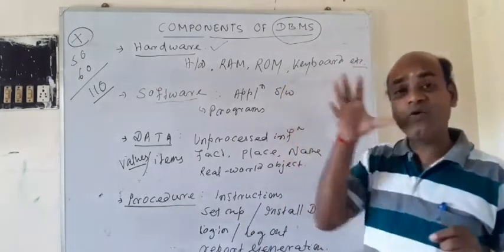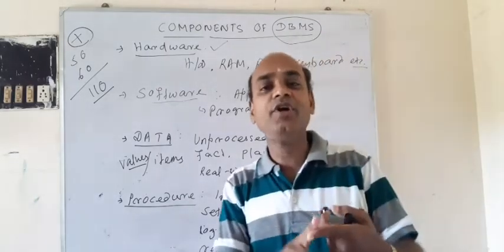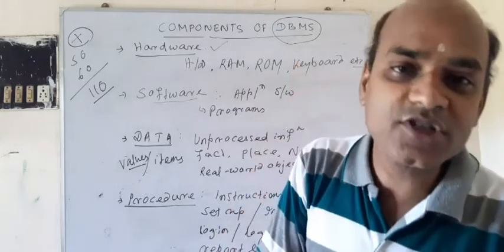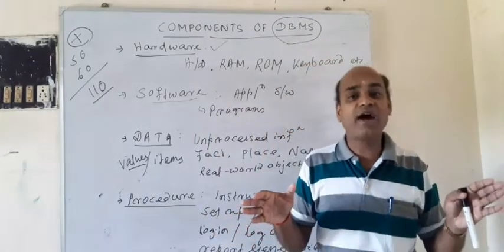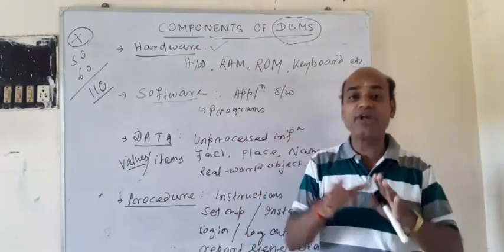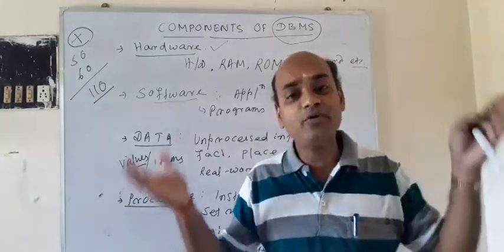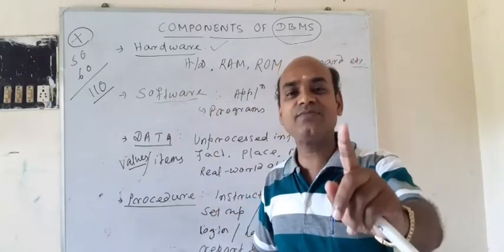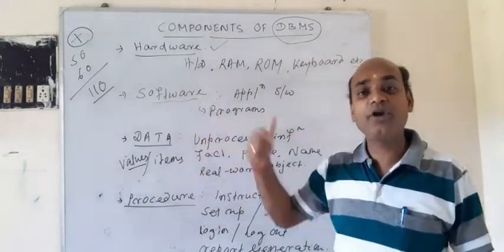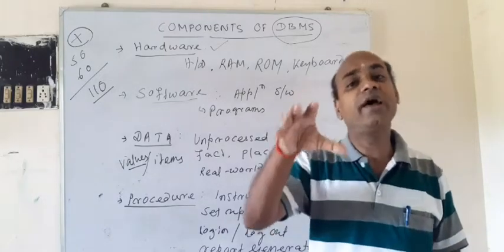So at the right time, it will provide the right information to the users. Several users can access the same data at the same time too. By using the same procedure, the same data values can be accessed by this database management system, because it supports a multi-user environment.